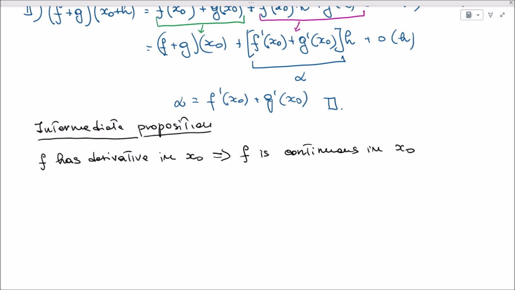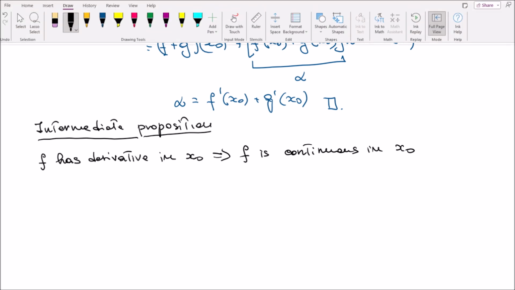So this has nothing to do with the algebraic theorem. This is just a general observation that we are making. We want to prove that if f has derivative in a point x naught, then we can conclude that f is continuous at that point.